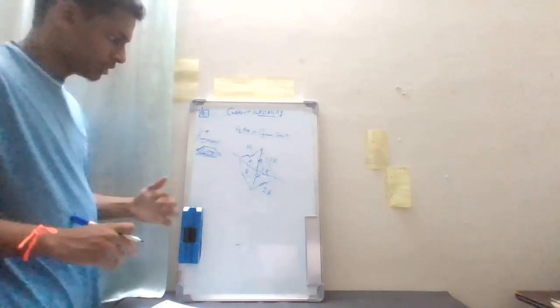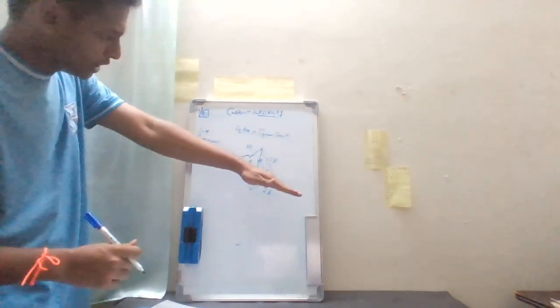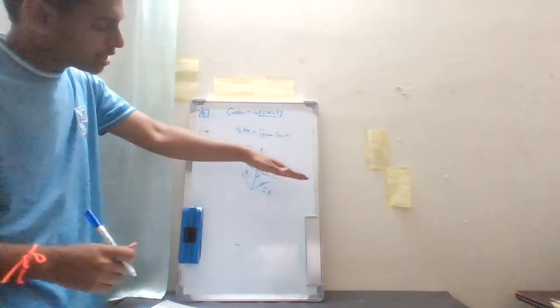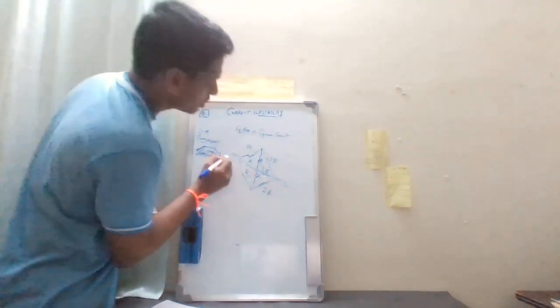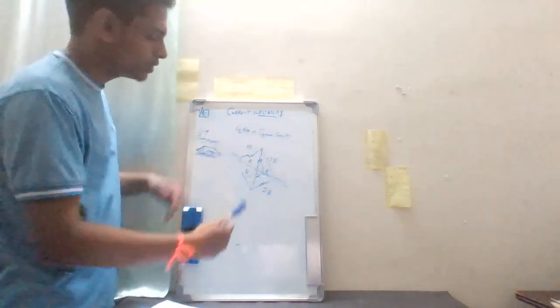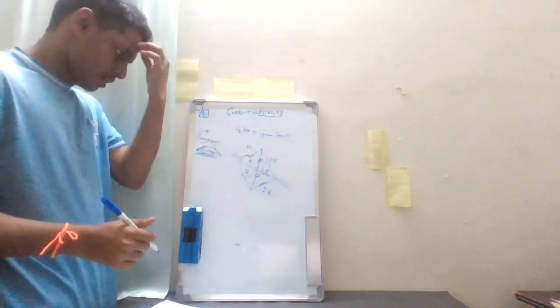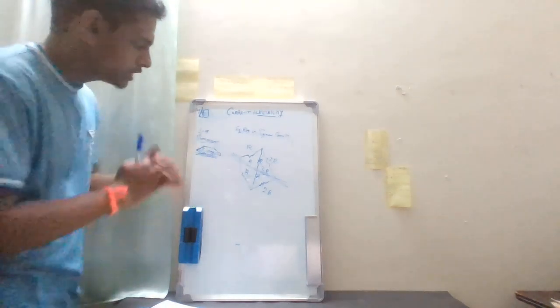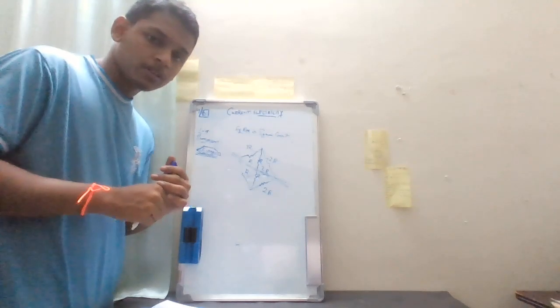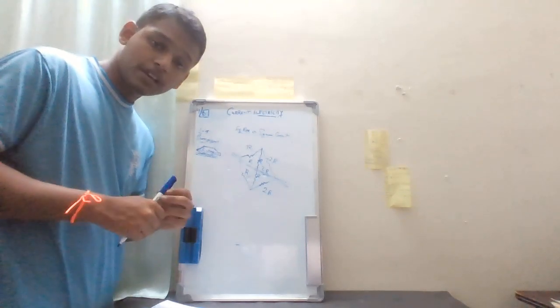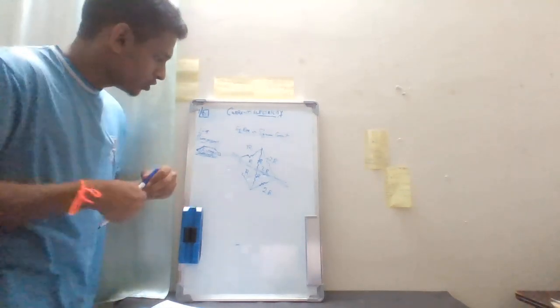So what we can do is, it is still symmetric by the way like this. So we can flip it over and write it again and do. But what we are interested here is to learn another method that is applying KVL and KCL.